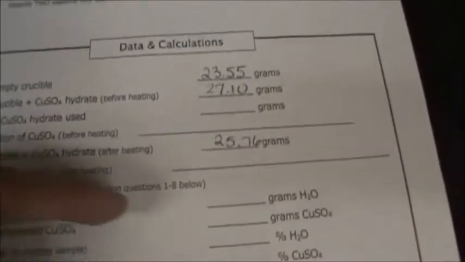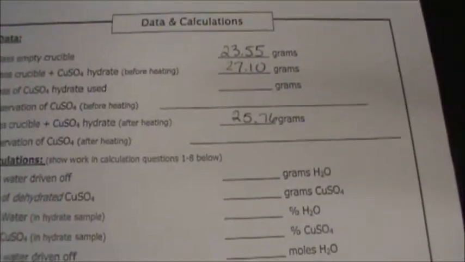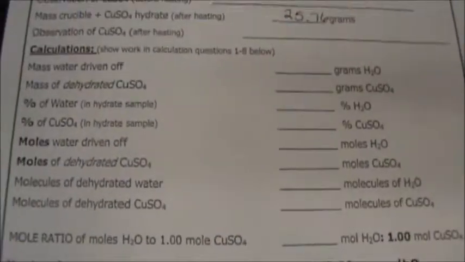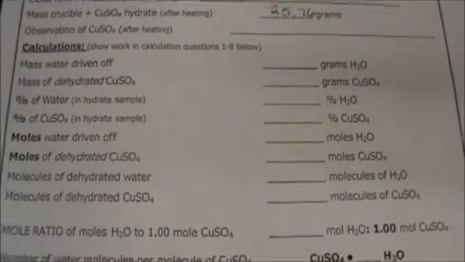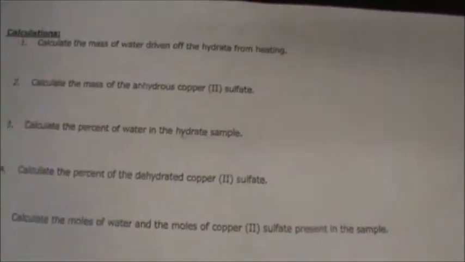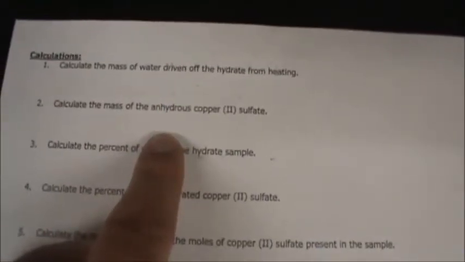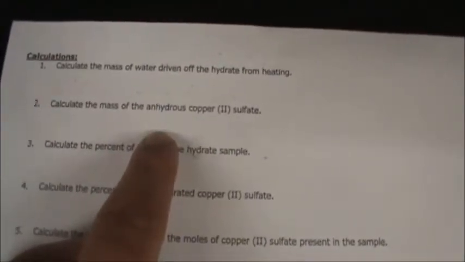Now from there, fill in your observations. Like I already told you in the video, if you did not catch that, rewind, go back and watch it again. The rest of the calculations, take a look at those on the back side. All I will give you as hints here is you're using stuff from the gum lab that we did ahead of time. A few days ago we did the gum lab.